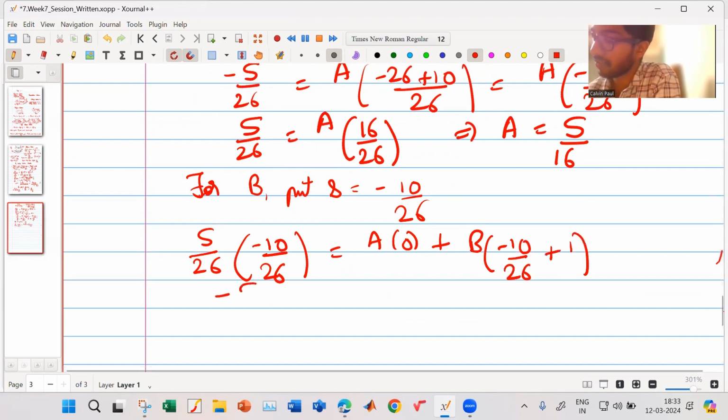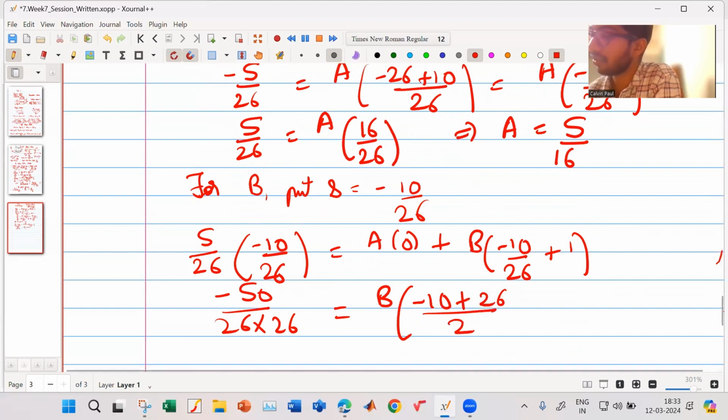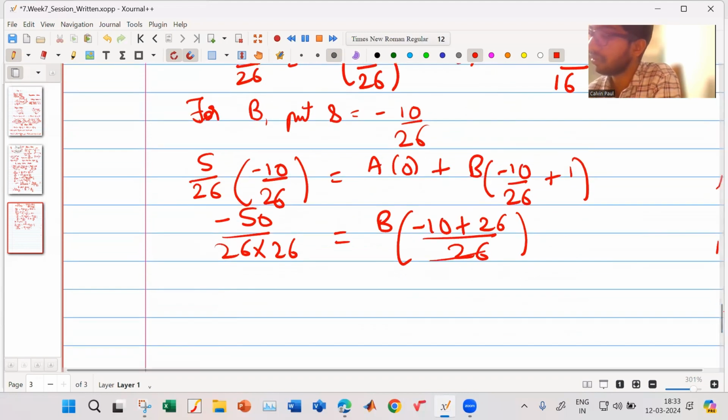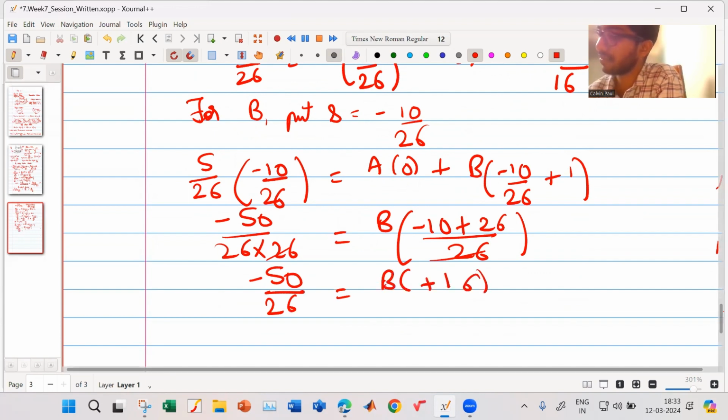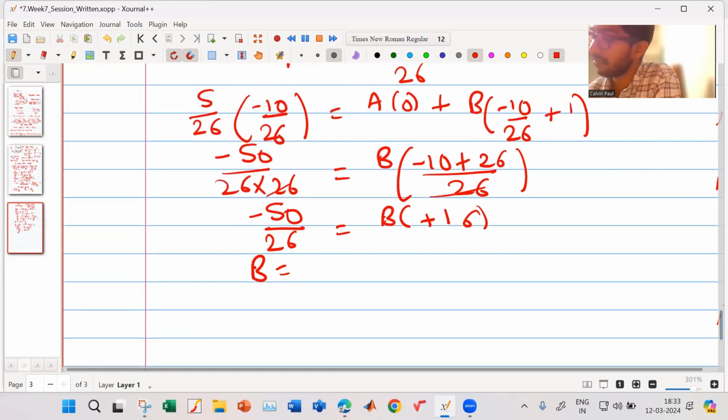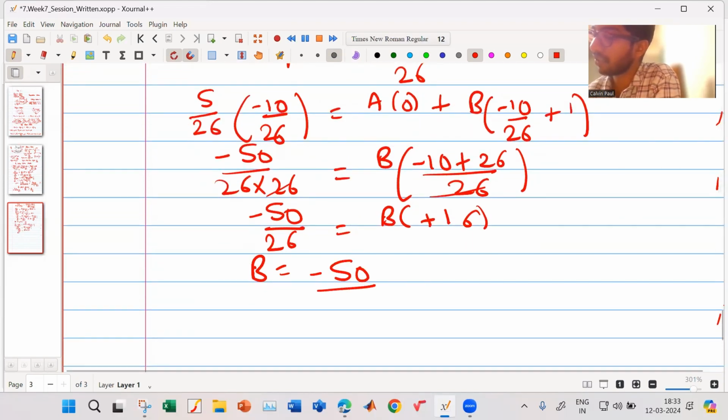That becomes minus 50 upon 26 into 26 is equal to B into minus 10 plus 26 upon 26. That becomes minus 50 upon 26 is equal to B into plus 16. So we get B is equal to minus 50 divided by 26 into 16.